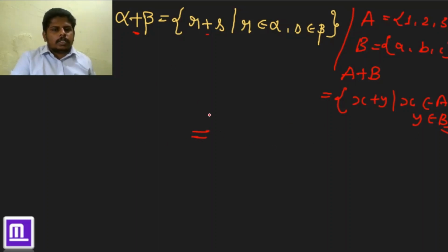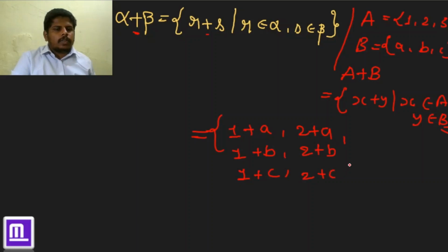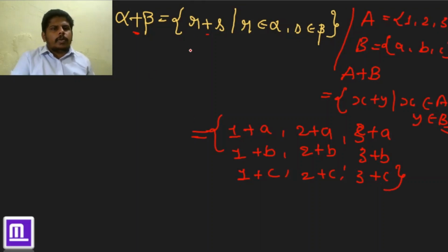Here our answers are 1 plus a, 1 plus b, 1 plus c, then 2 plus a, 2 plus b, 2 plus c. Similarly, 3 plus a, 3 plus b, and 3 plus c. That is all possible pairs of addition we are doing. So this is the meaning of it.